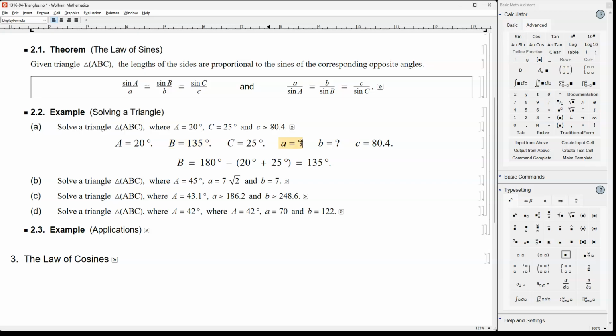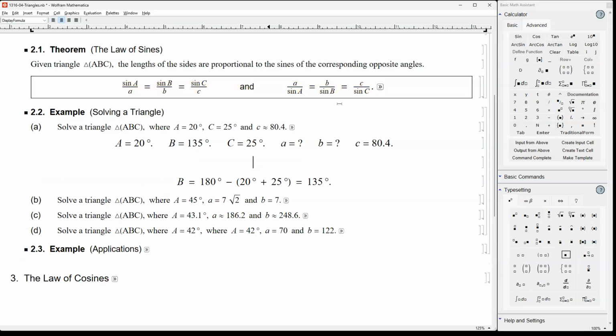Now finding out small a and small b, well, that'll require the law of sines. I can use this form or that form. Which one am I going to use? Either way, I can use it, but the latter one will be a little bit more convenient. The reason, I'm looking for small a and small b, and in the latter expression, those are in the numerator. So I don't have to flip them over. So, all right, let's copy and paste this thing here.